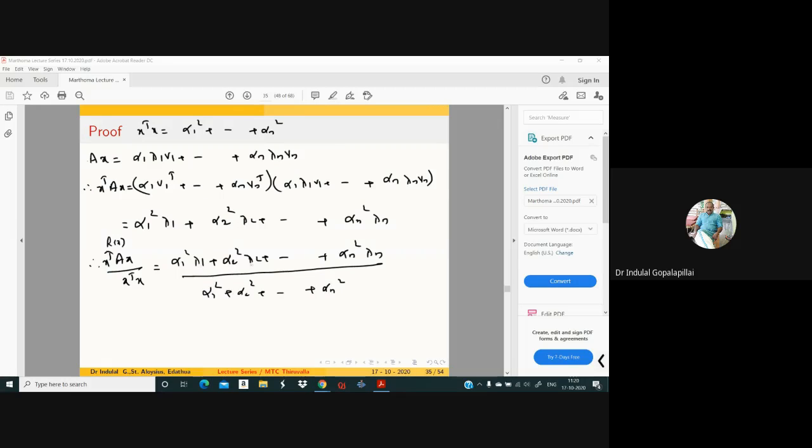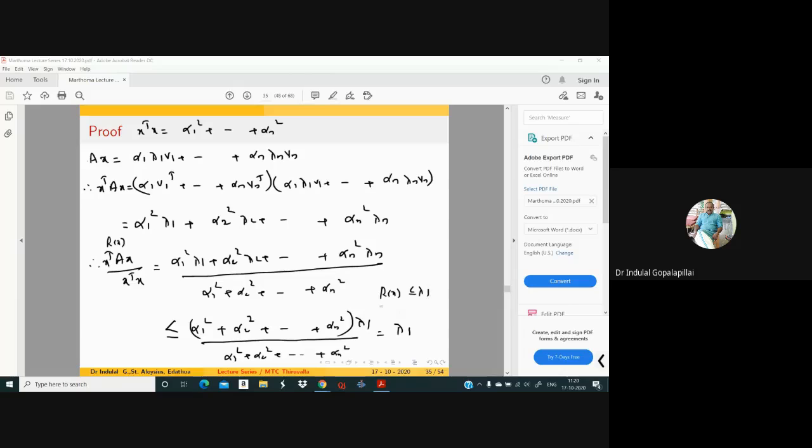If you replace lambda 1, lambda 2, etc., lambda n by lambda 1, then this is less than or equal to alpha 1 square lambda 1 plus alpha 2 square lambda 1 plus etc. plus alpha n square lambda 1, divided by alpha 1 square plus alpha 2 square plus etc. plus alpha n square, and this is equal to lambda 1. So you take any x, then the Rayleigh quotient R(x) is less than or equal to lambda 1.